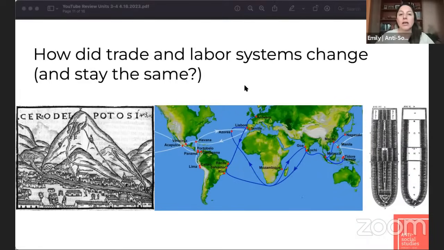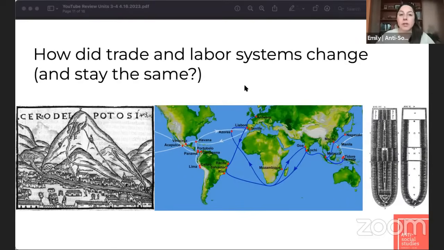If I'm the king, I say, hey, you are going to be my viceroy of Mexico, and you are going to get this huge chunk of land to divide up amongst your loyal people as you see fit. And so they might hand out an encomienda, a huge swath of land, to some person and say, great, you're now in charge of all this land. You are directly in charge of all the indigenous people on it. They have to work for you. Do with them what you will, as long as they're Christian.